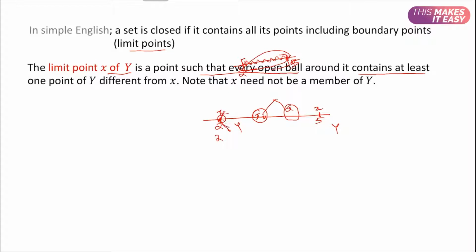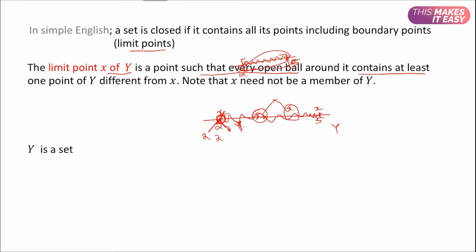Here, if it was an open set, 2 was not part of y. Still, if we take an open ball around 2 and that open ball contains some elements from y, then this point is called a limit point. So basically the limit points are all the points between 2 and 5, and the points 2 and 5.